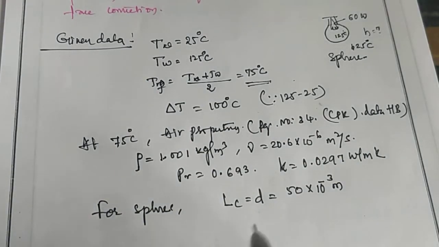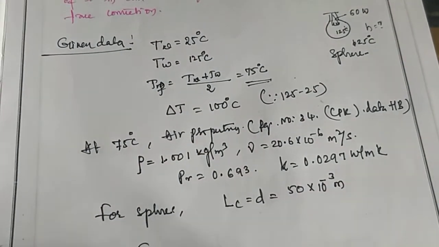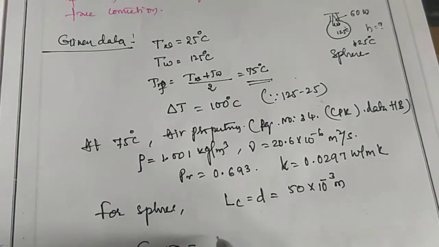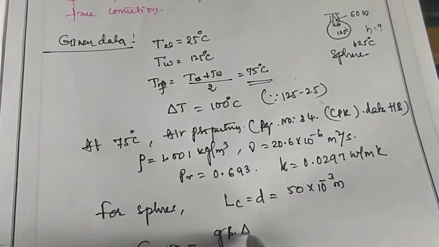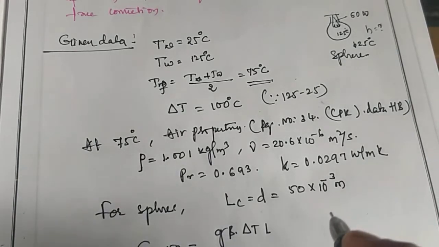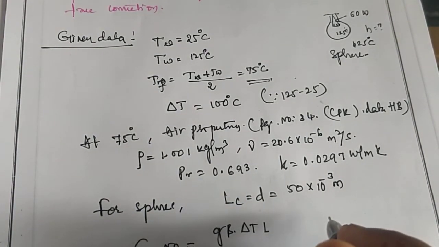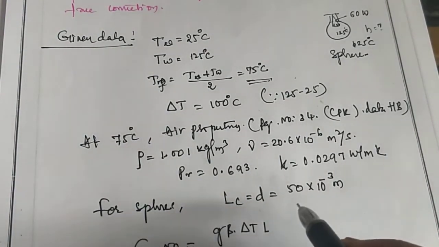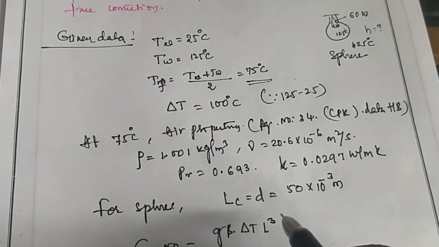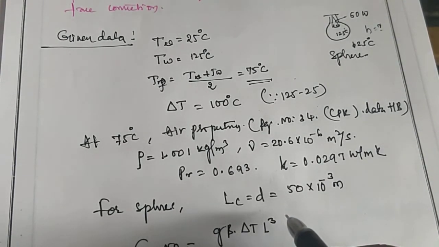So Grashof number is g beta delta T L cube rho square by mu square.